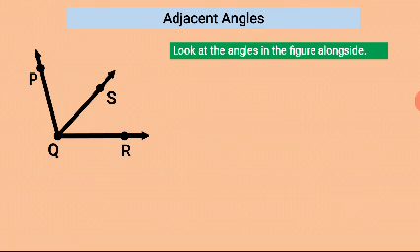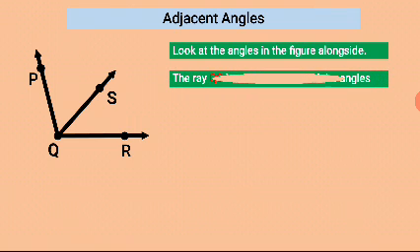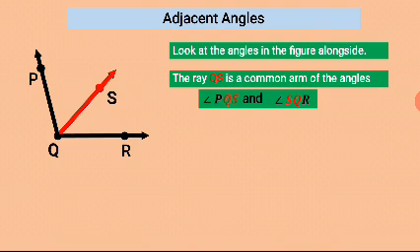Look at the angles in the figure alongside. The ray QS is a common arm of angle PQS and angle SQR.